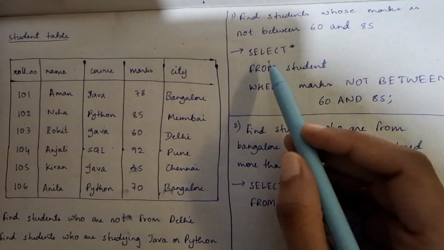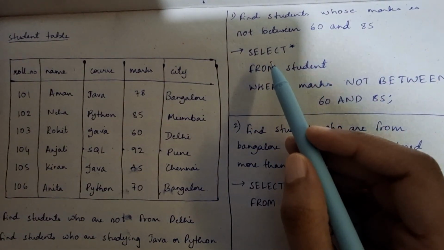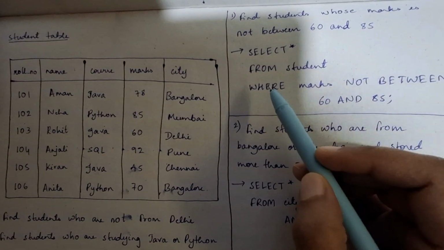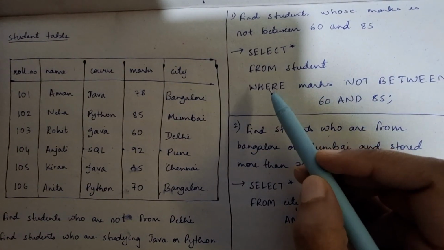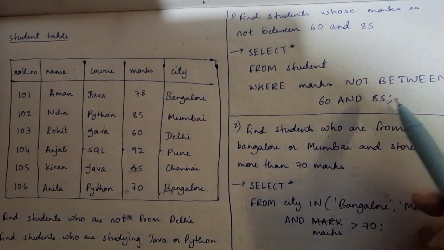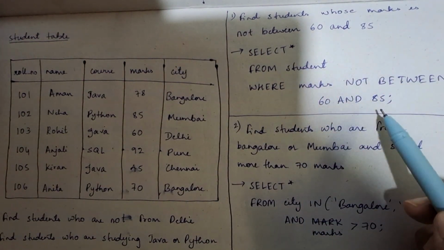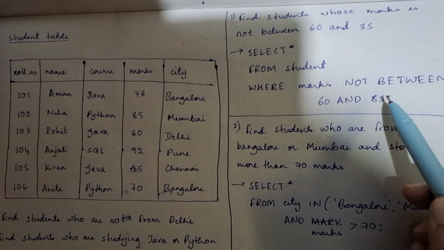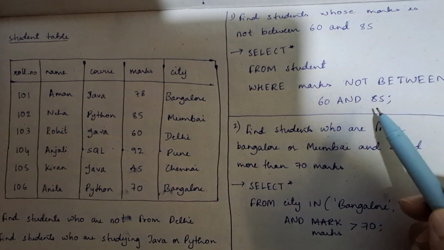Now look at this query. Select asterisk from students means we want all columns from the student table. Now look at the where clause. It has condition marks not between 60 and 85. Between is used to select values within a range, including 60 and 85.